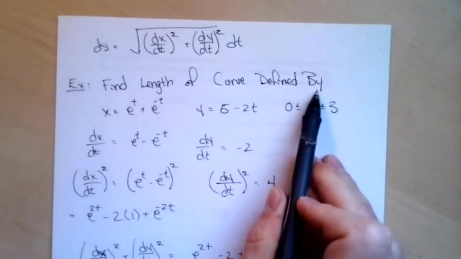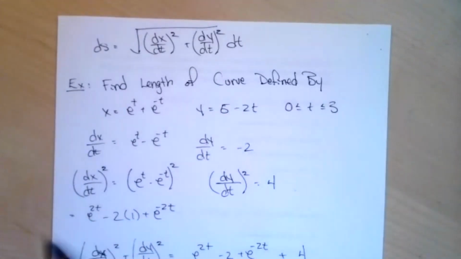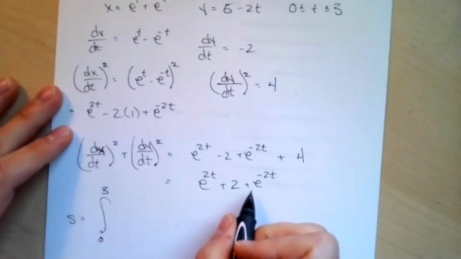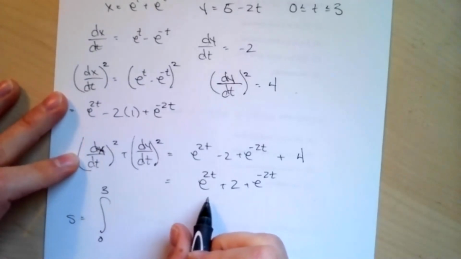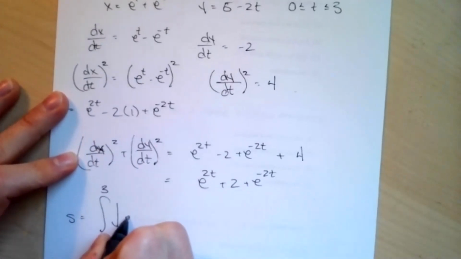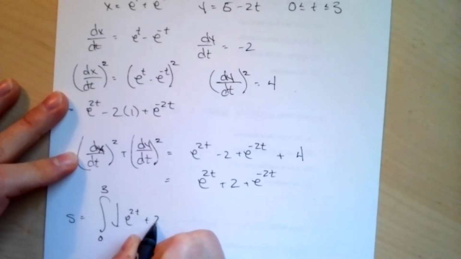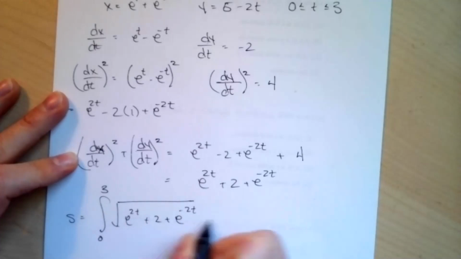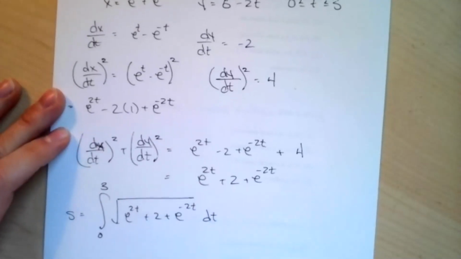If they say find the length of the curve between two given points and they give you x, y coordinates, you need to find the times corresponding to those coordinates. Okay, and so we want the square root of e^(2t) plus 2 plus e^(-2t) dt.